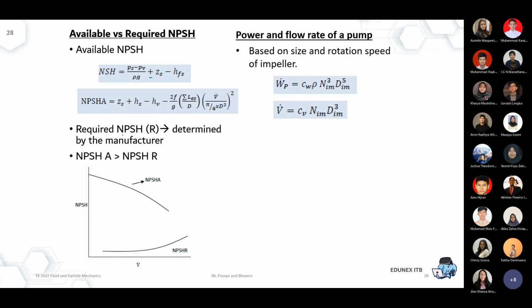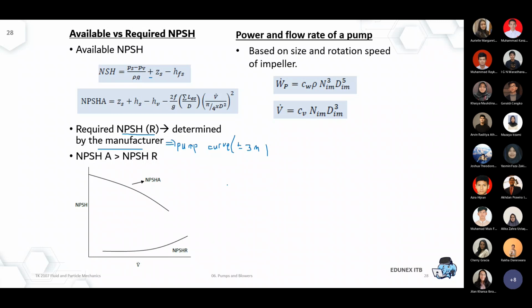Then the final step would be to check the NPSH requirement, which is determined by the manufacturer. If you remember the cases from last week, it can be determined using a pump curve. In that example, if I'm not mistaken, the NPSH required by the pump is about 3 meters.